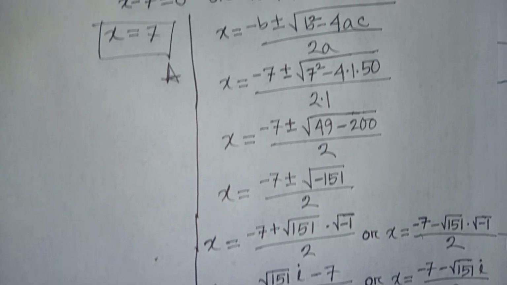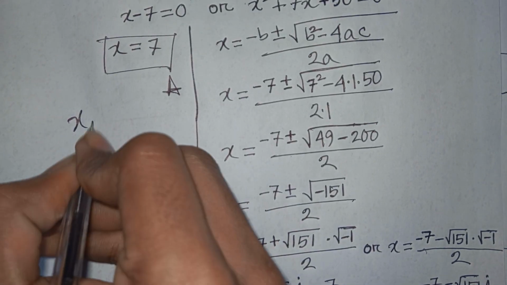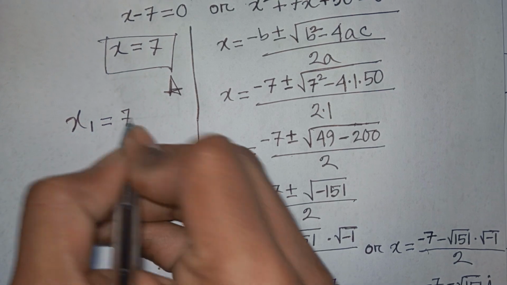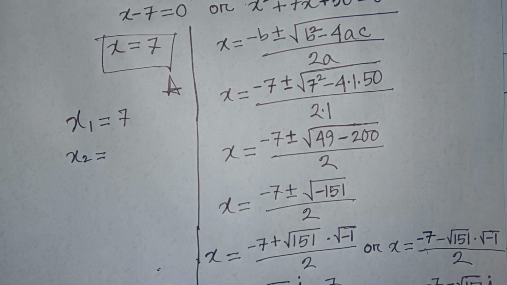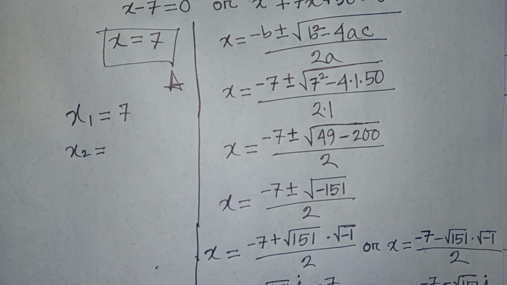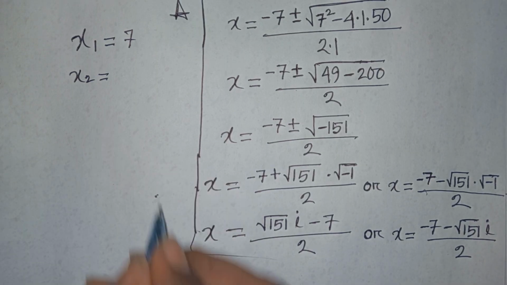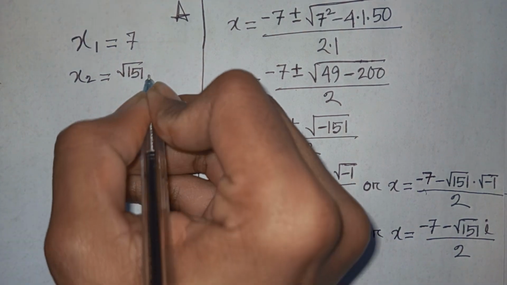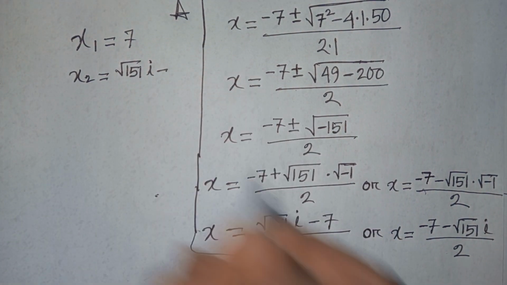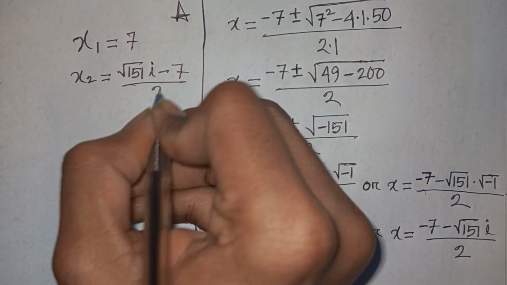So our final answer will be x1 is equal to 7. This is the real value of x. Then x2 will be equal to square root of 151 i minus 7 divided by 2.